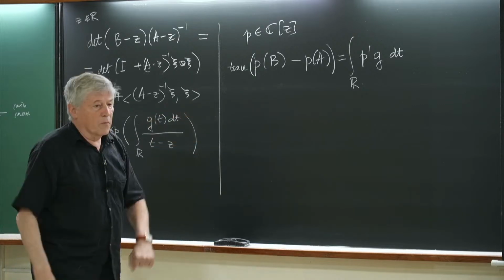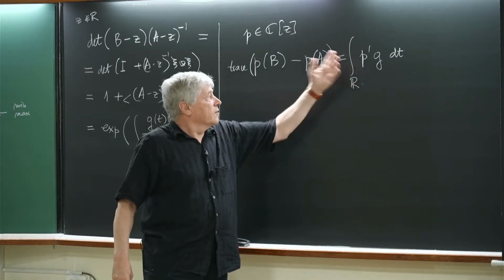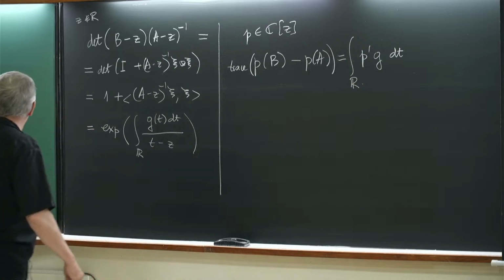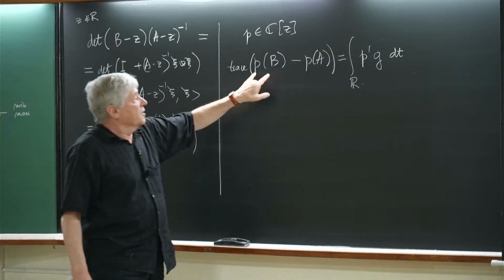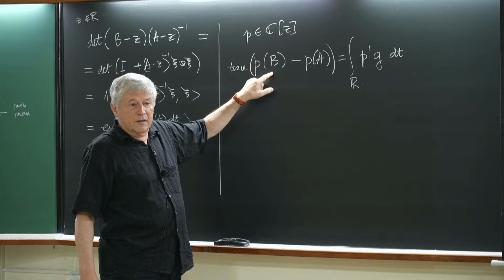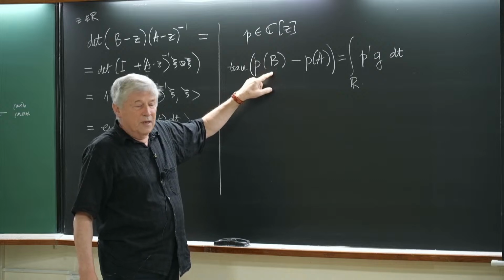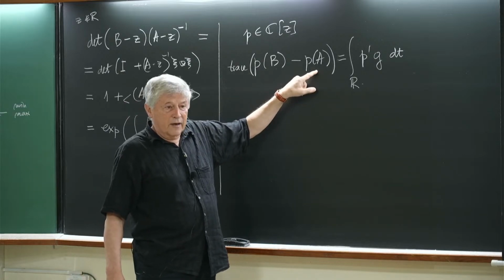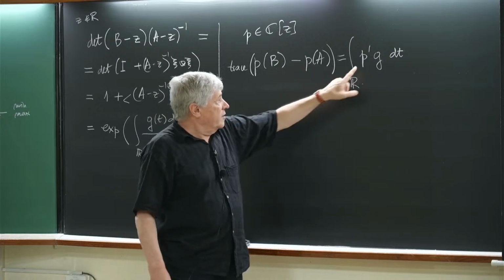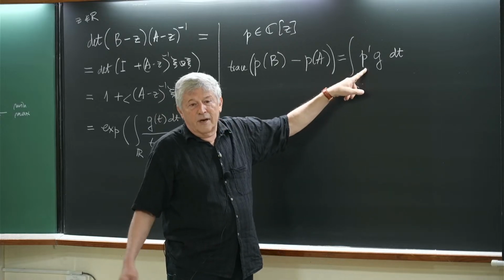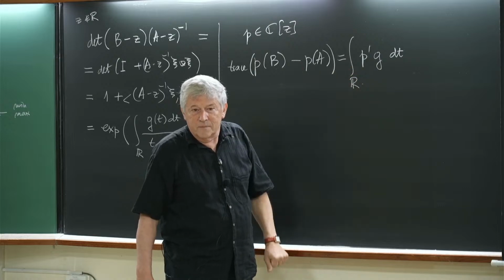Easy to compute. Since we have this displacement, this is p evaluated at the eigenvalues of B minus p evaluated at the eigenvalues of A. Here we have the Leibniz-Newton formula, and we are done.